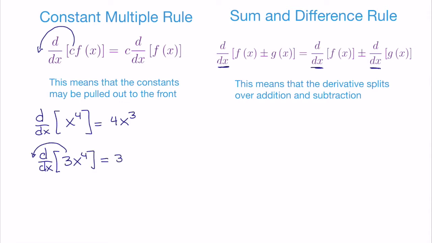So this is 3 times the derivative of x to the 4th power, which, as we did before, is 4x cubed. So this is 12x cubed.